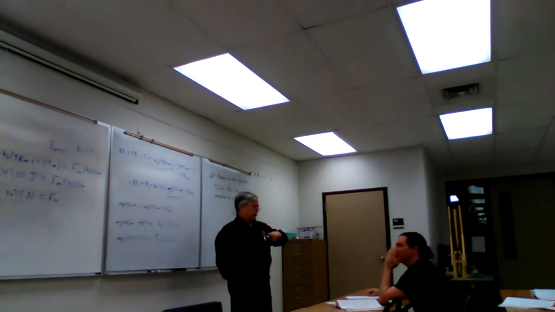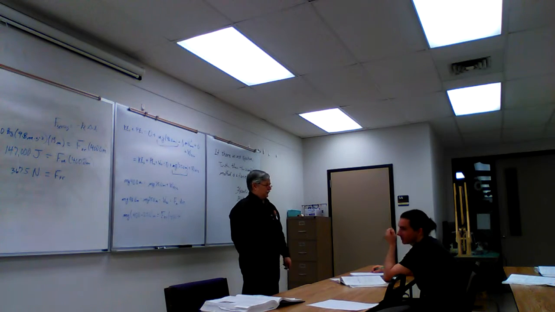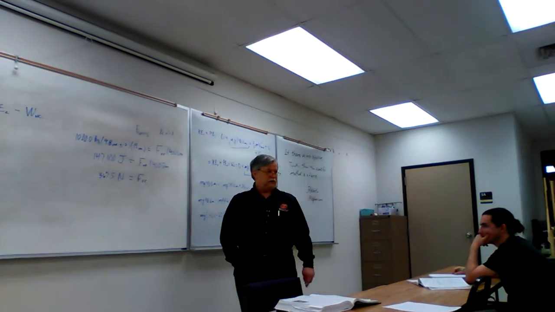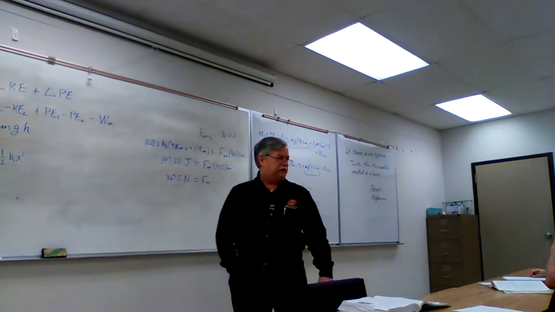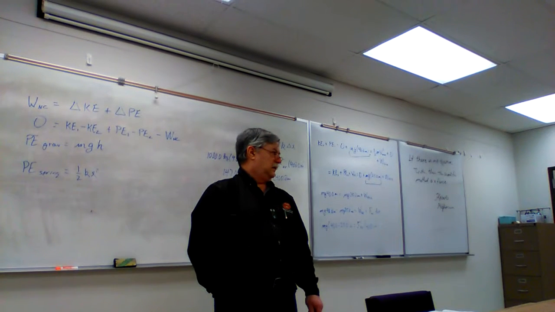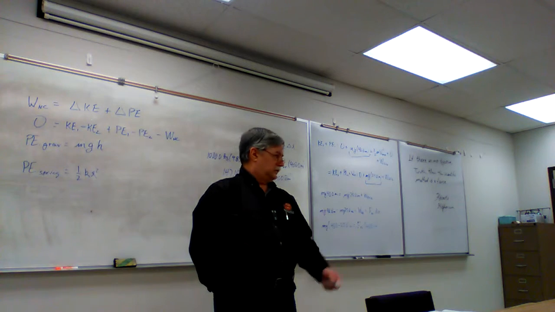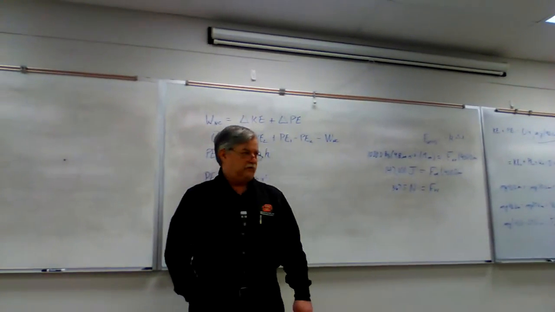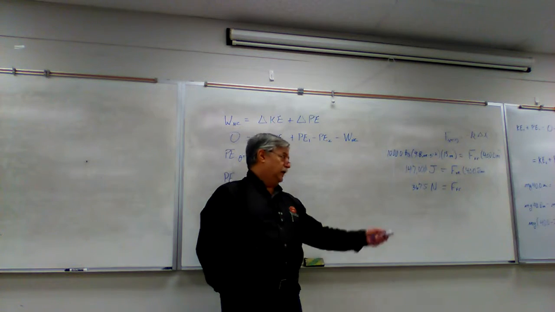If you've got an object moving along a path, what is the force due to friction exerted on that object at any point in time? Exactly. It's the normal force times the coefficient of friction, kinetic in this case.